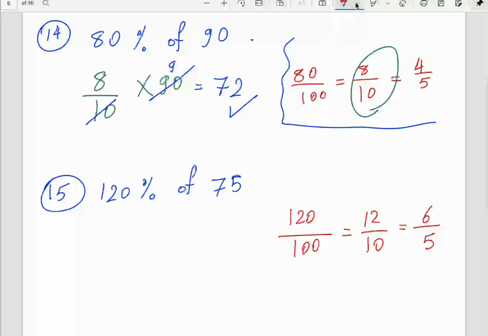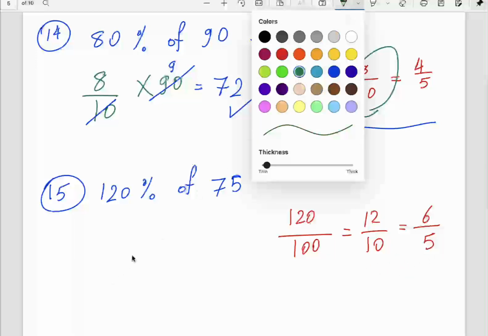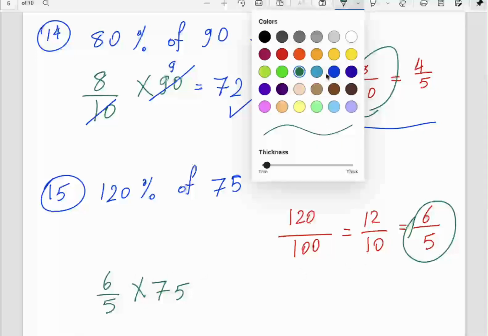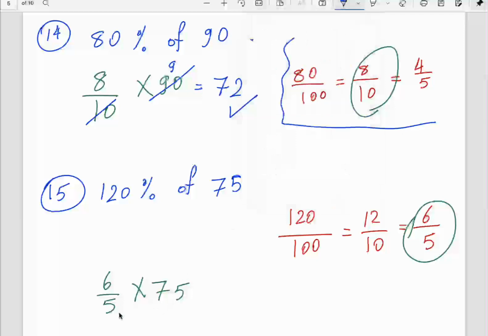Now, we need to multiply this by 75. Which one of the forms would you like to use? I think if we use this one, it will be the easiest because we need just to divide by 5. So let's use 6 over 5.